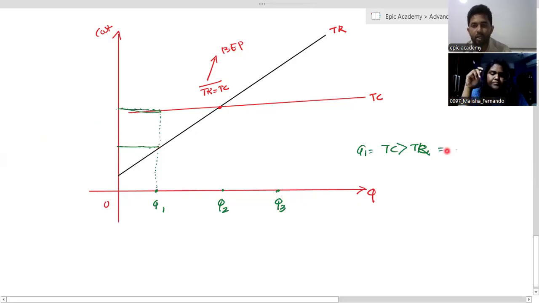So then what kind of thing can we earn? Subnormal profit. Isn't it? Yes. We can call it losses.